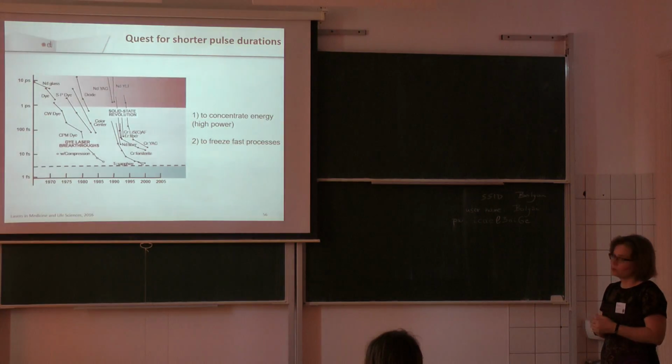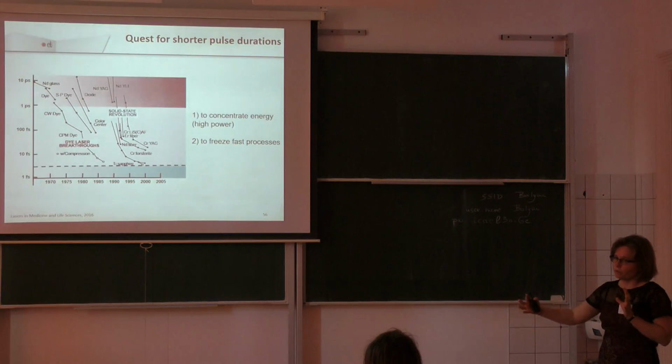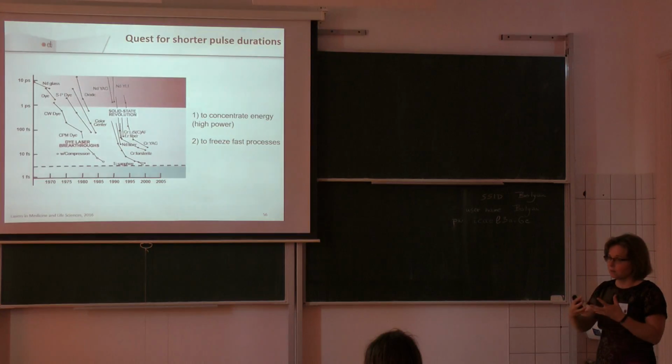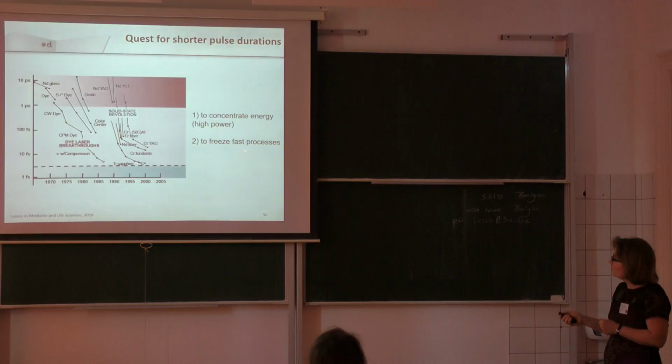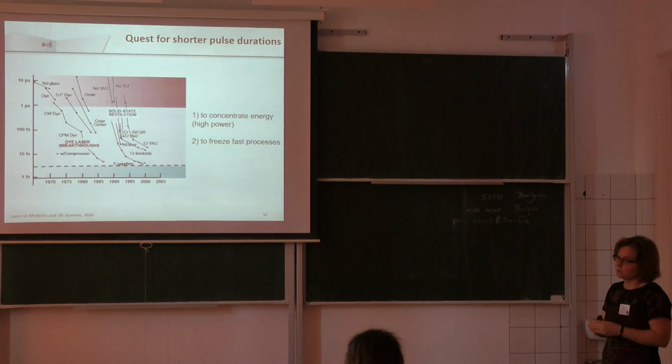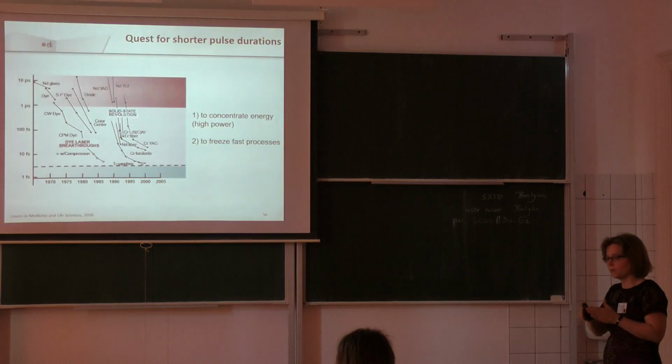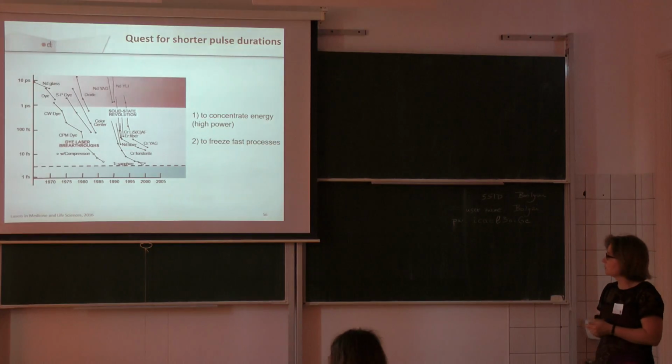But in addition to that, people using lasers want short pulses because they want to concentrate the energy of all the light into a very short time, because then it's more intense. So we have a higher concentration. The other is, when you study the dynamics of some very fast process, then to be able to freeze the process to snapshots, the shorter your flashlight, the faster process you can study.